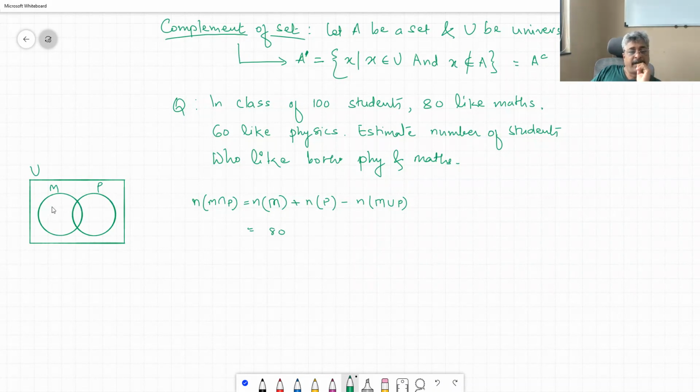Maths you have 80 elements. Physics you have 60 elements. And you are supposed to estimate how many in the intersection. 80 plus 60 minus total 100 is the minimum. These many must be in the intersection, minimum, equal to 40 minimum.